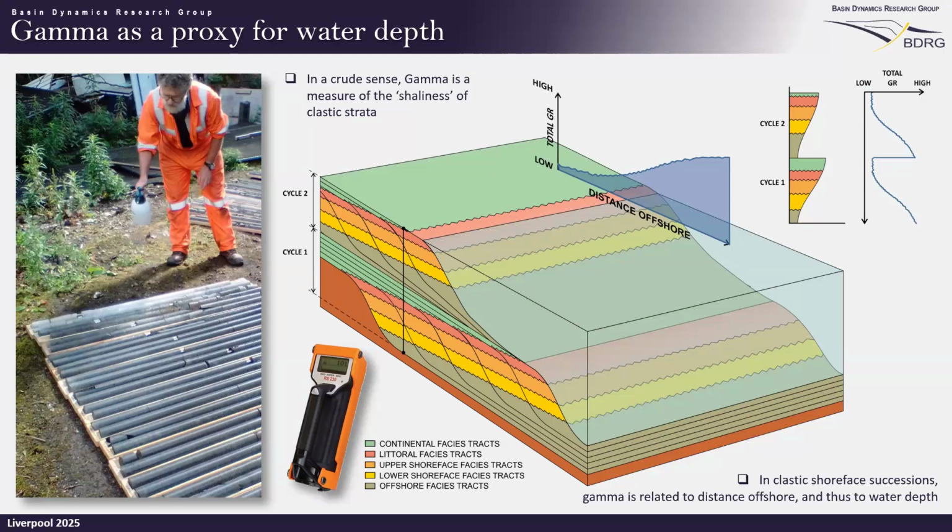The reason we did that is that in shallow marine to coastal successions like this, gamma is crudely proportional to distance offshore, because as things become more shaly, the value of gamma increases as you get offshore, with the result that we should be able to pick up these shallowing upward cycles in the gamma trace. This is very well recognized from oil industry work in marine successions. So that was our plan.